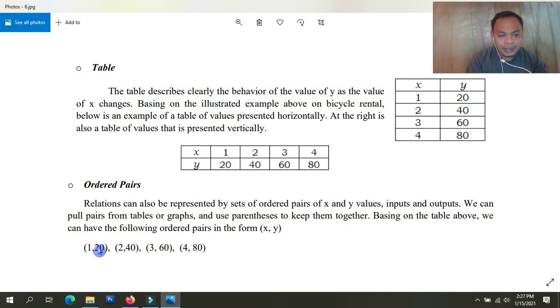So 1 and 20, 2 and 40, 3 and 60, 4 and 80. Our x is 1, our y is 20. And our x is 2, our y is 40.